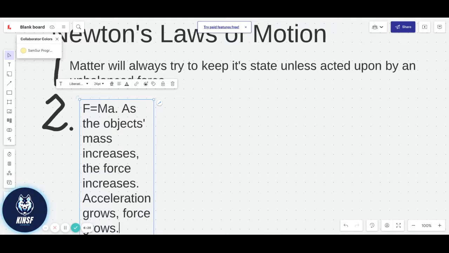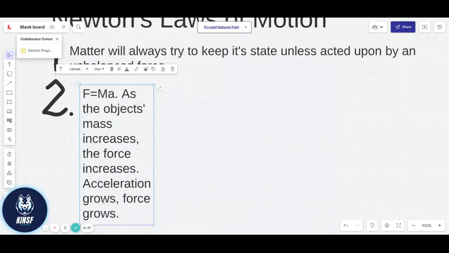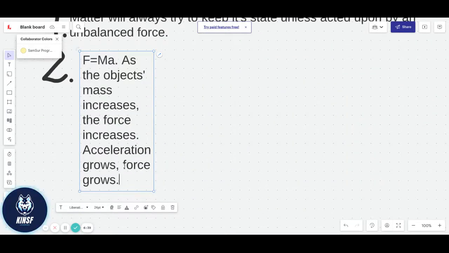Then you multiply to get the force it is going at, so then you'll find the newtons. If you have the same mass, but you have to accelerate it more, that increases the force. Force grows. And when the force grows, either one or both of them also increase.